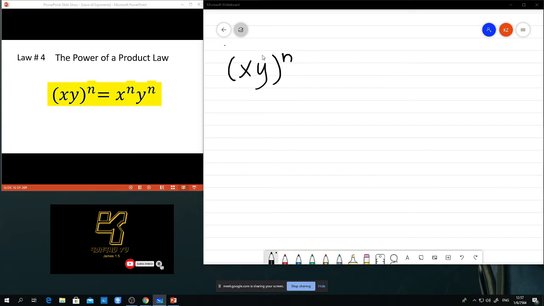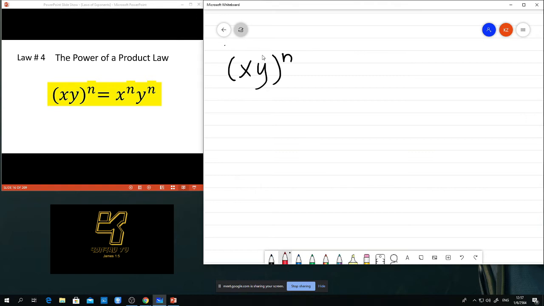You just distribute this exponent to each variable, which is x power of n, y power of n. So that's law number 4. Let's proceed to some examples.